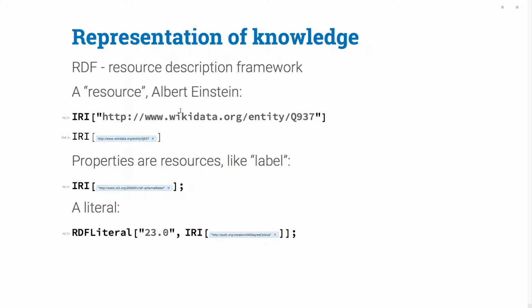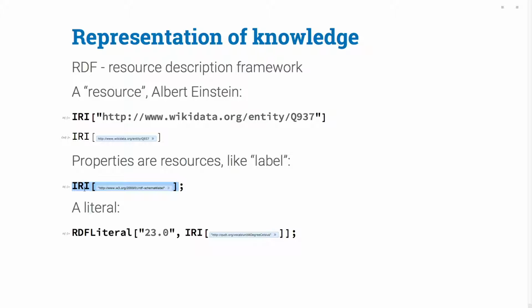So RDF, the resource description framework. Everything, say Albert Einstein, is a resource. To attach information to that resource, we create a so-called IRI, a resource identifier, or internationalized resource identifier. Because everything is a resource, even properties that we use to label or describe these resources, they are also IRIs.